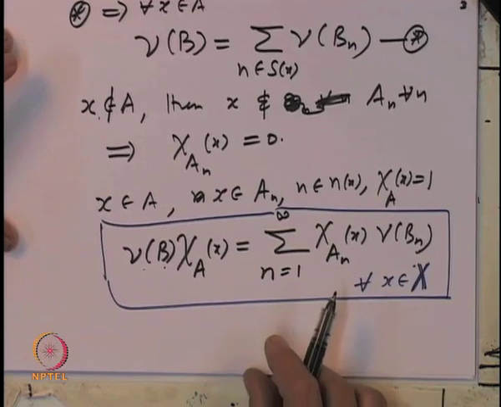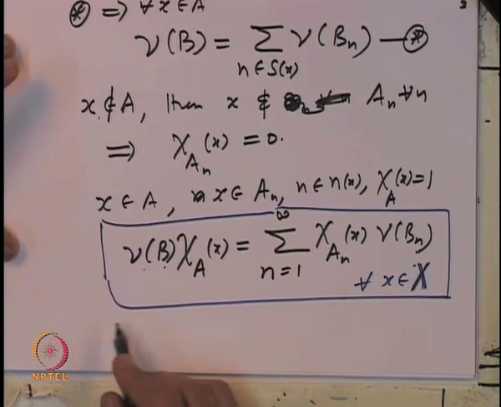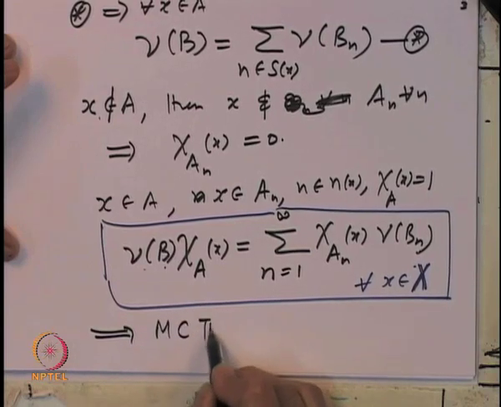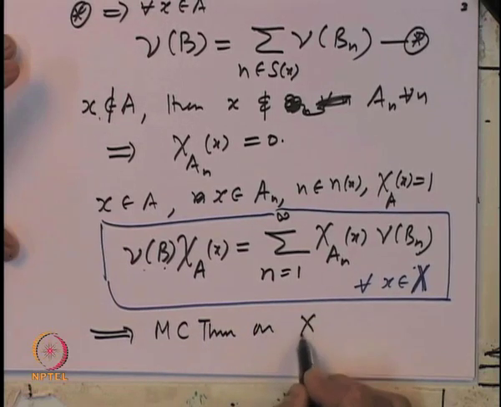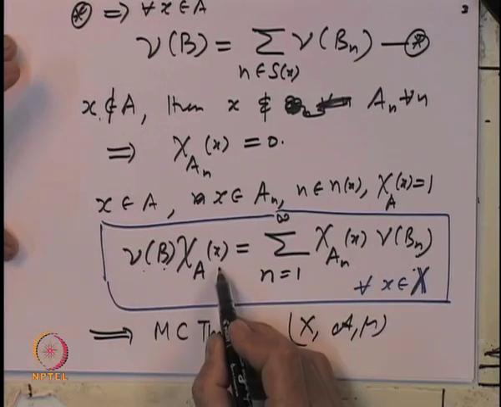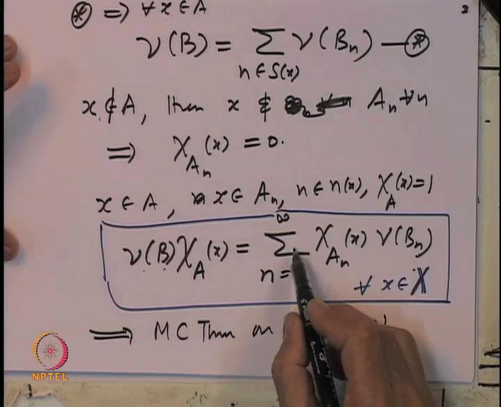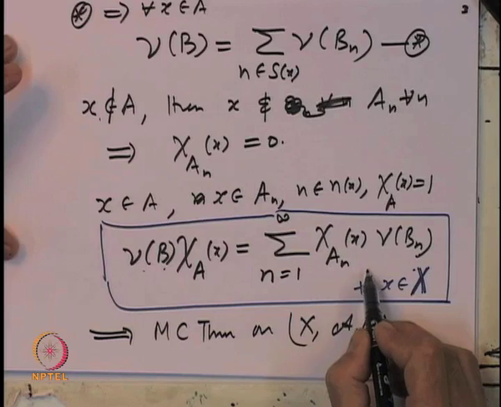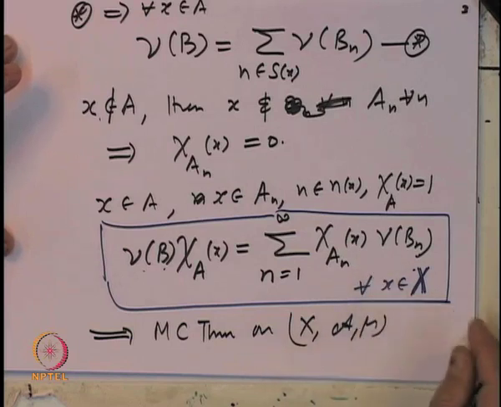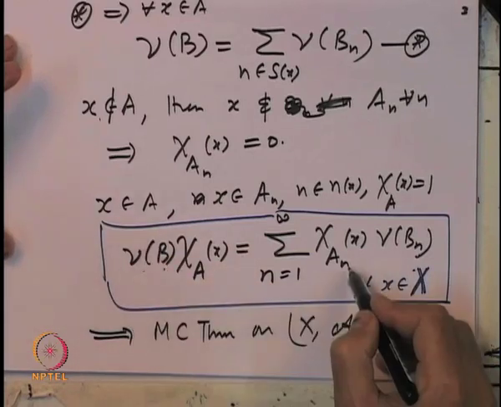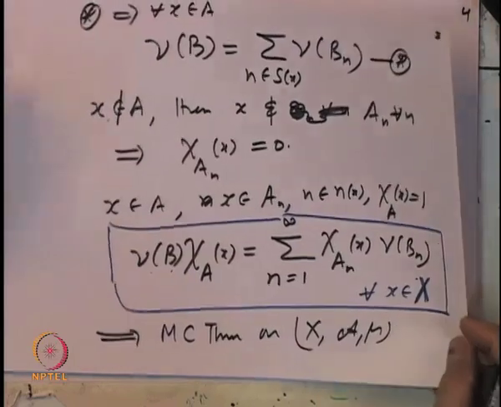So, now I can apply the monotone convergence theorem on (X, A, mu). So, this is a non-negative function which is a limit of the partial sums, so it is a limit of non-negative measurable functions. So, the monotone convergence theorem will give me that the integral of this is equal to the limit of integrals of this.